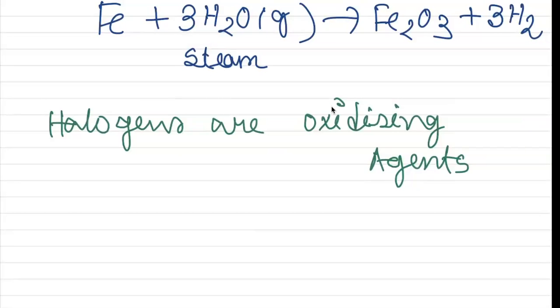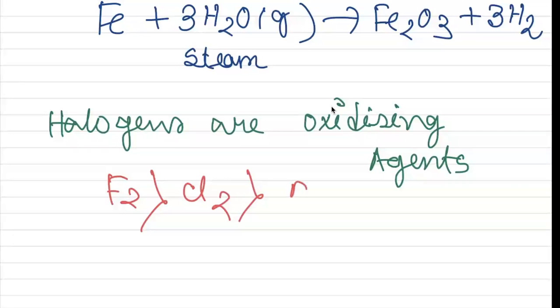The oxidation power of halogens decreases down the group. That means fluorine is the highest oxidizing agent, then chlorine, then bromine, then iodine. The strongest oxidizing agent will be fluorine.